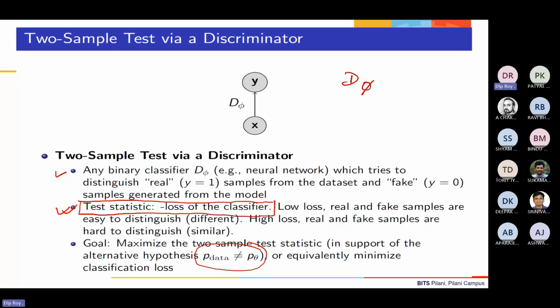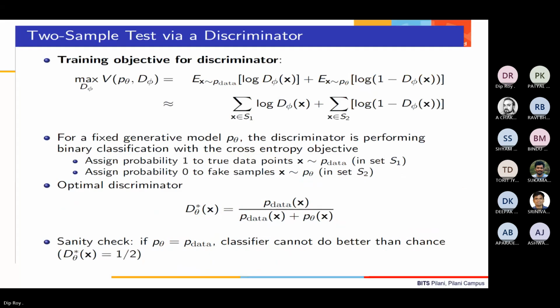And somehow my goal is such, and we'll see how we achieve the goal, that if my discriminator is maximally confused, it does not know which one is a true sample and which one is a fake sample. That means both my distributions are the same and my GAN has done a good job. Okay. So let's move forward.